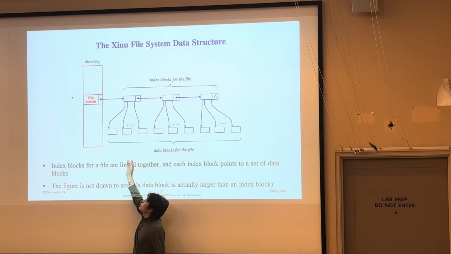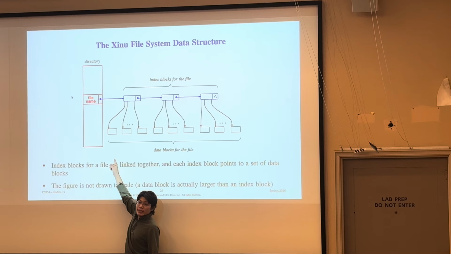But before that, you also need to do an extra check whether the previous data block is dirty or not, whether you have written to it or not. If you have written to this data block, you need to write it back to disk before you load the next data block. So that's what happens when Xenu reads beyond the current data block.